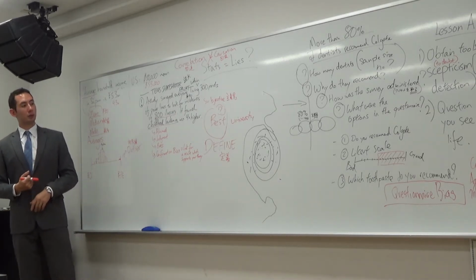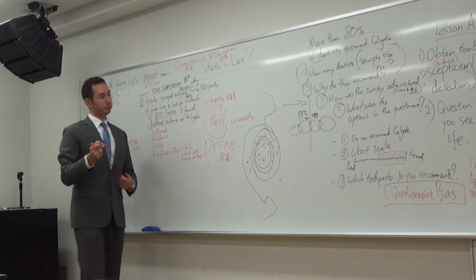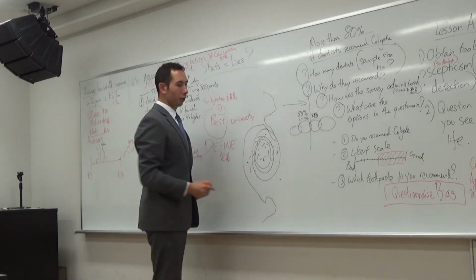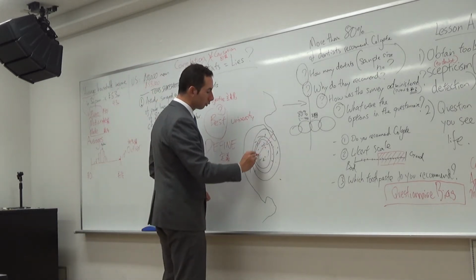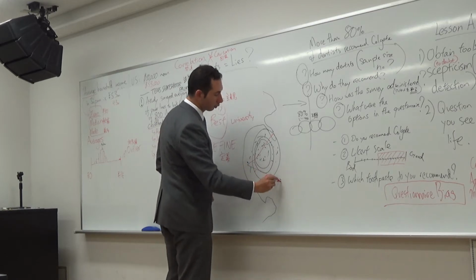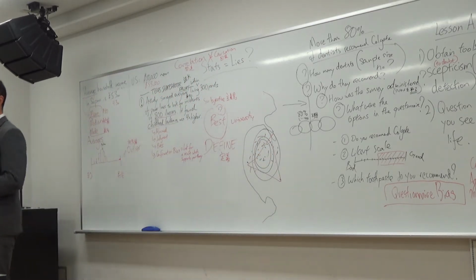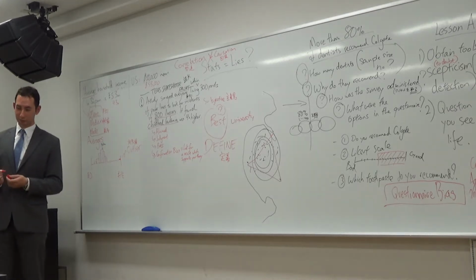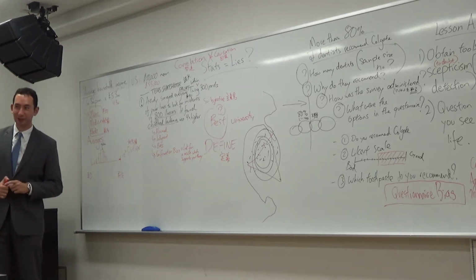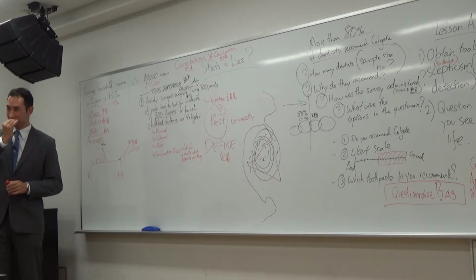So let me give you another example. Anybody ever heard of the Bermuda Triangle? What's your image of the Bermuda Triangle, Elisa? What is the Bermuda Triangle? Have you heard of it before? What happens in the Bermuda Triangle?